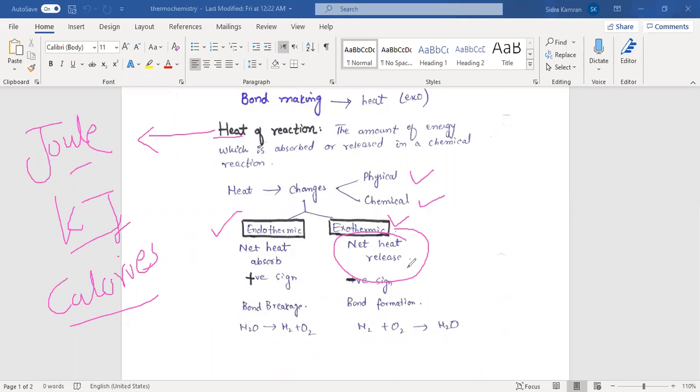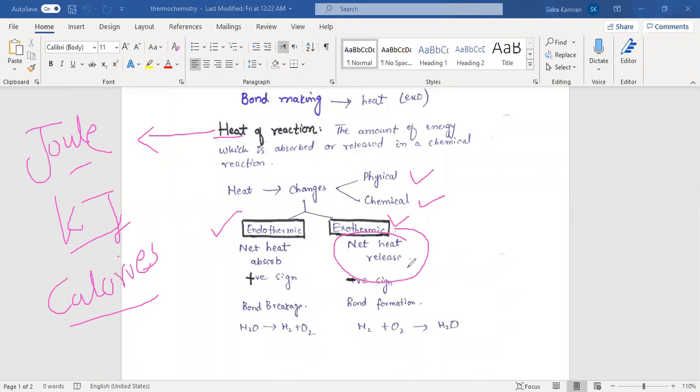It doesn't matter how much energy you provided at the start of the reaction and how much energy is left at the end. You just have to discuss the net result. You have to tell the net heat released during a chemical reaction. For example, at the start a low amount of energy is released, and later the release keeps increasing.